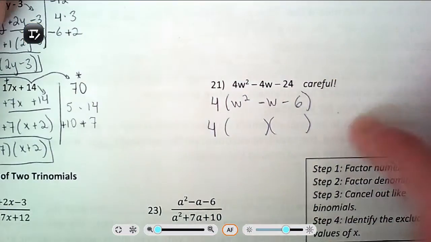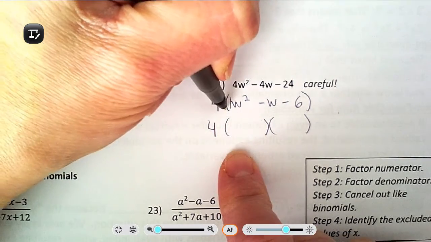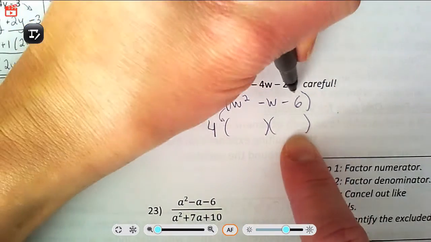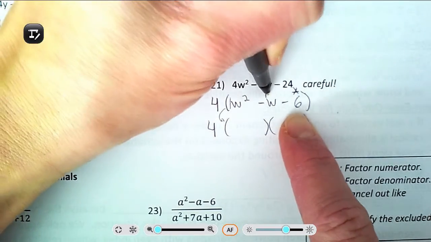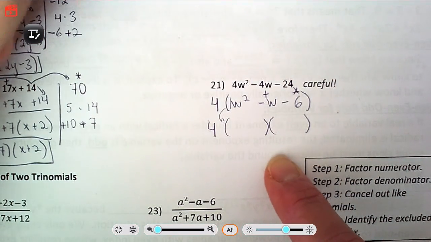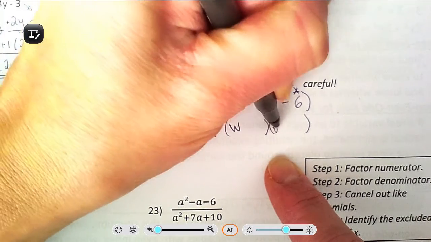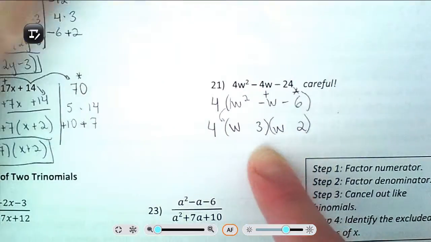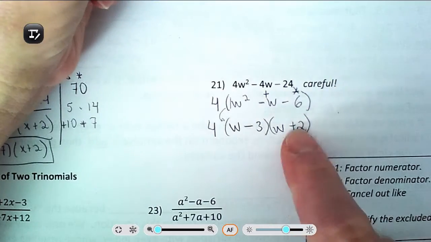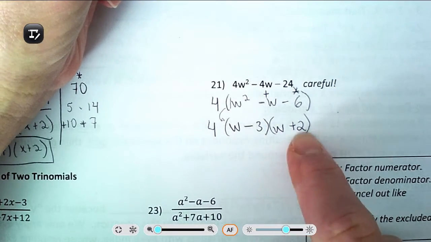Double bubble, because when there's a 1 in front, it's just one step to your answer. So you can just double bubble and ask yourself, for this pair of numbers, what multiplies to 6 and adds to 1? That could be 3 and 2. And what signs do you need? Negative 3 plus 2 will give you negative 1, and a negative times a positive will get you a negative.